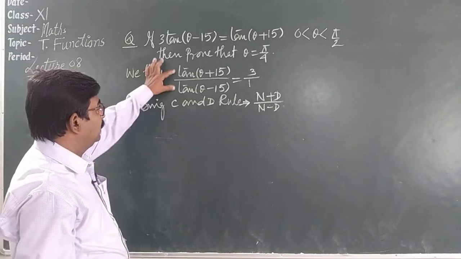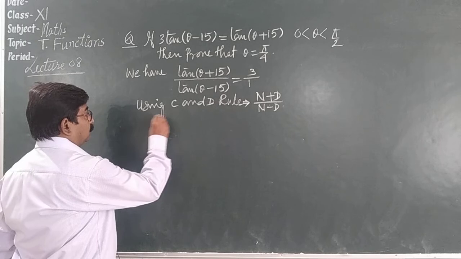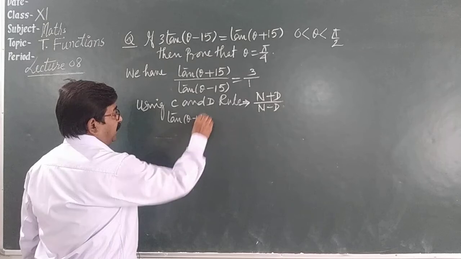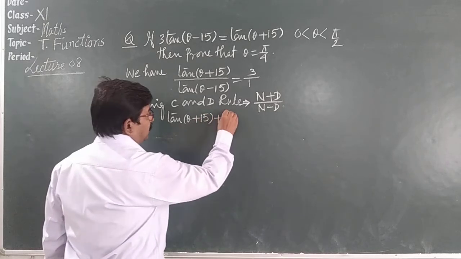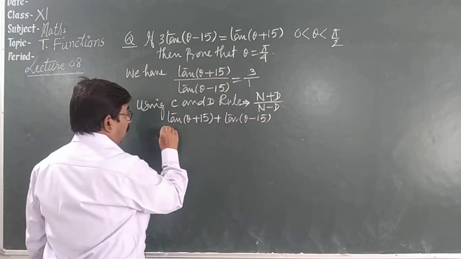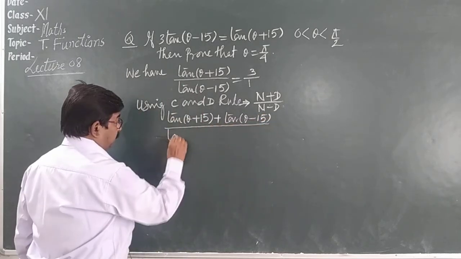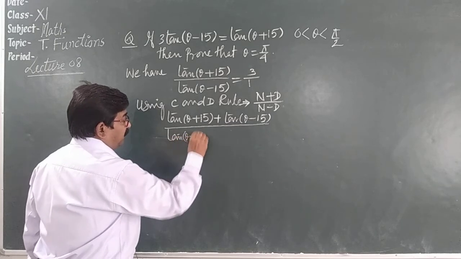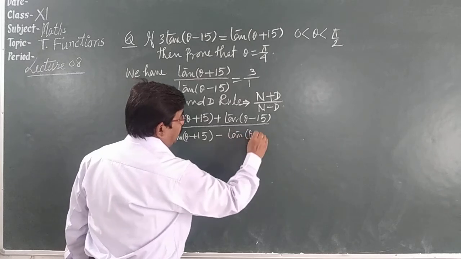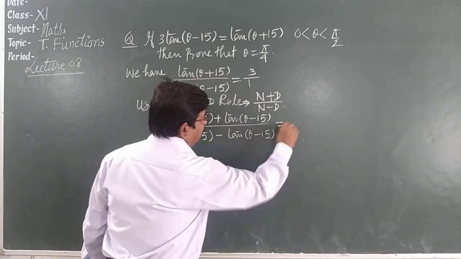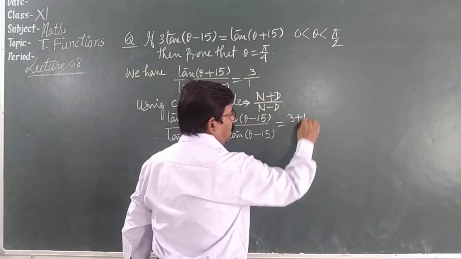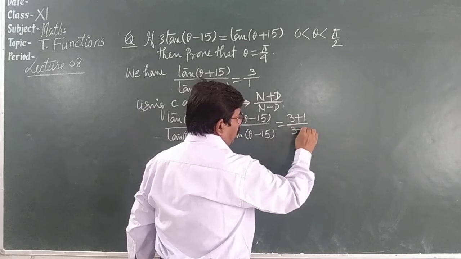So see, I am adding on this side: tan theta plus 15 as numerator plus tan theta minus 15 as denominator, upon tan theta plus 15 numerator minus tan theta minus 15, is equal to 3 upon 1, so 3 plus 1 upon 3 minus 1.